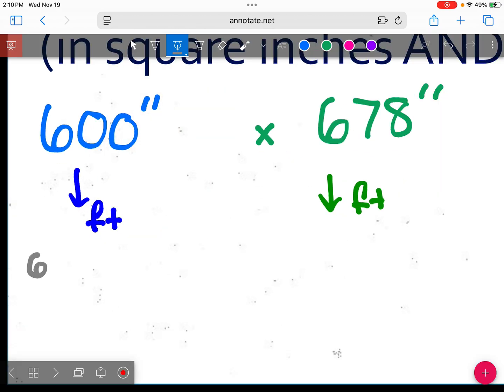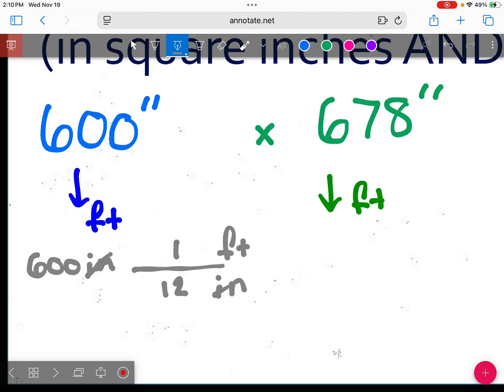If I want 600 inches and I want to change that to be feet, I need inches to cancel out. What do we know about feet and inches? How many inches in a foot? 12. Inches in 1 foot. So we can use those similar ratios still.